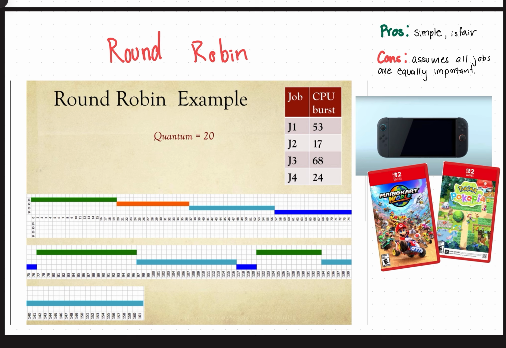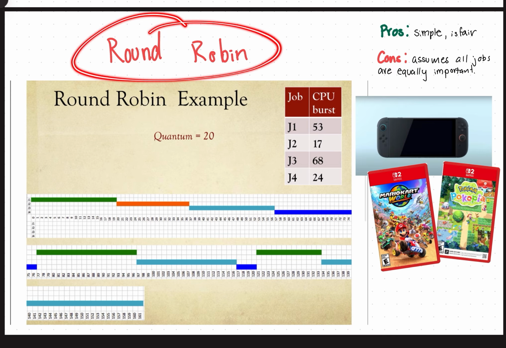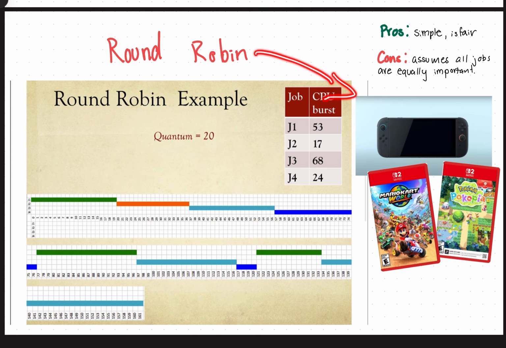Back when we were learning about strict alternation, I really liked the professor's example of two children sharing a 3DS, and whenever I hear round robin, I immediately think of my own personal 3DS example, but now with the new Switch 2.